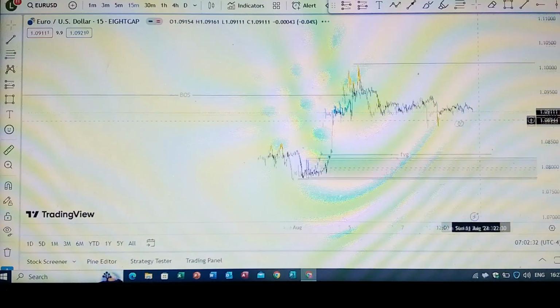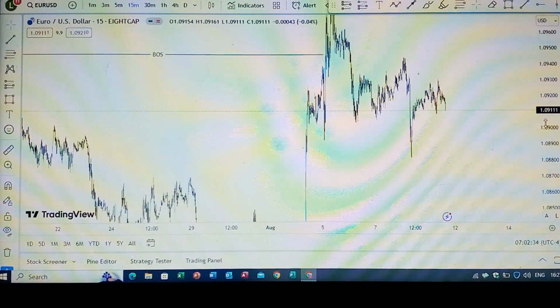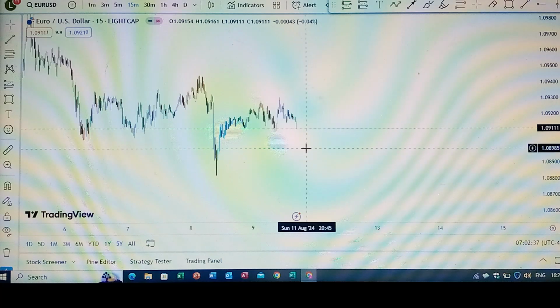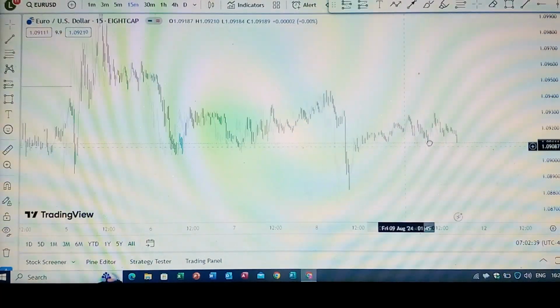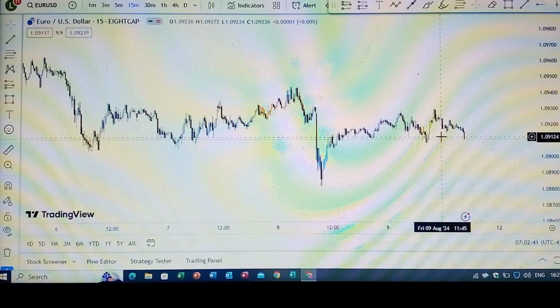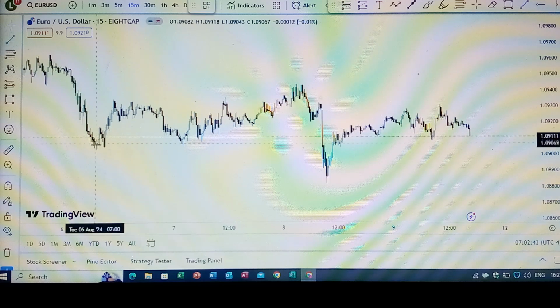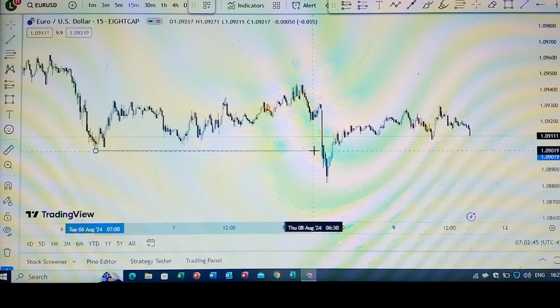On the 15-minute time frame, the same thing: context. What does context say? Context is simply market structure, guys. On the 15-minute time frame, you just check, we have this breaker structure.